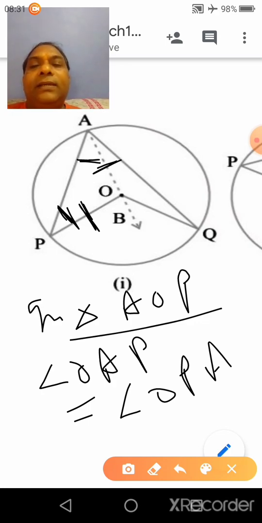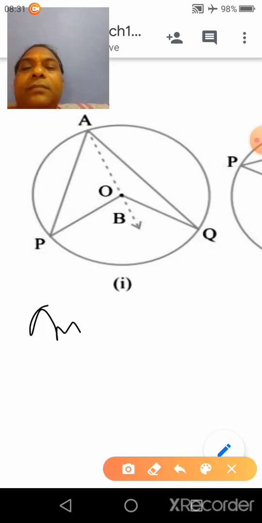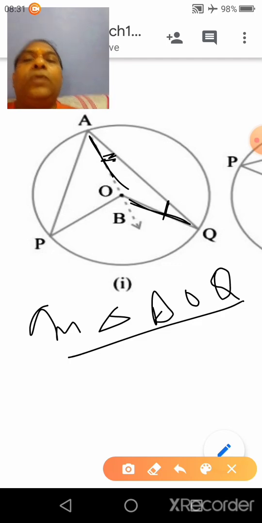Similarly, in this triangle, in triangle AOQ, see here, this angle will be equal to this one, because OA is equal to OQ, radii.